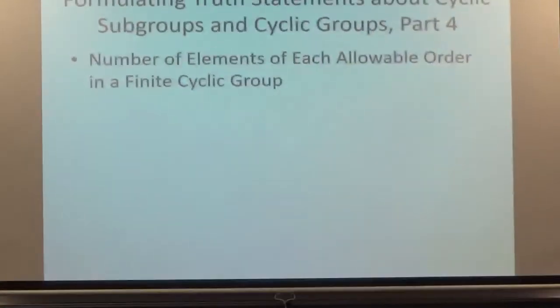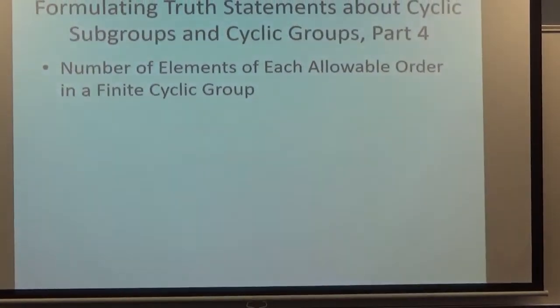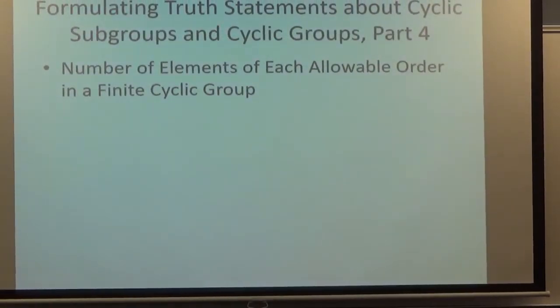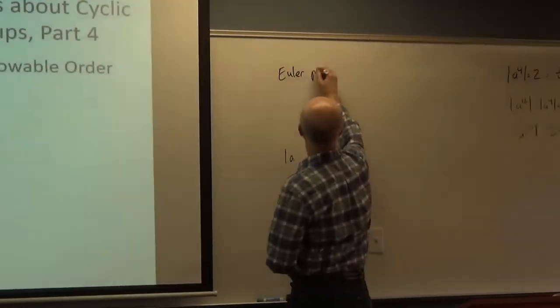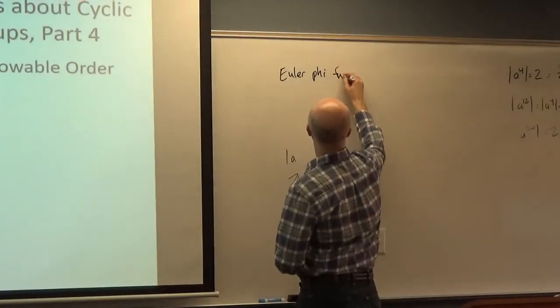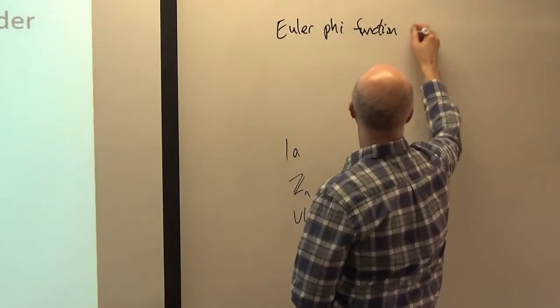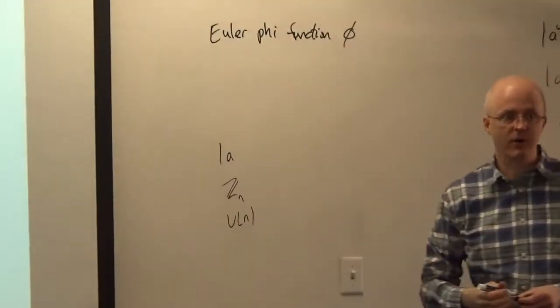With the time we have remaining, I want to briefly talk about the Euler phi function that you should have read about. Euler phi function, or phi function if you prefer.